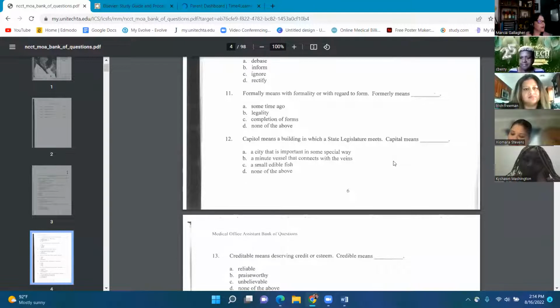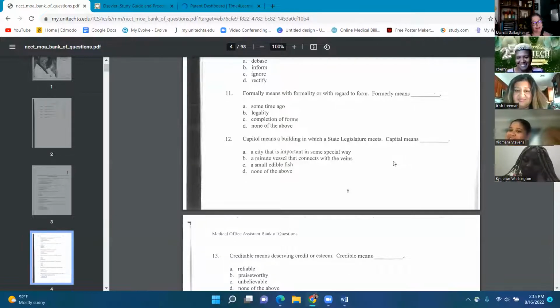All right, so 12, capitol means a building in which a state legislature meets. Capital with an A means a city that is important in some very special way, a minute vessel that connects with the veins, a small edible fish, or none of the above. Y'all better pick none of the above. I'm just saying.